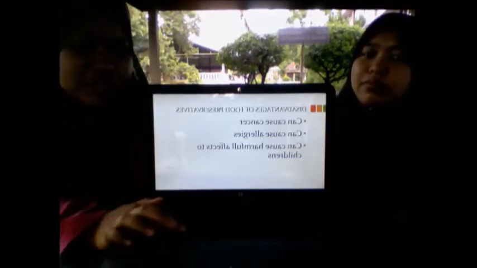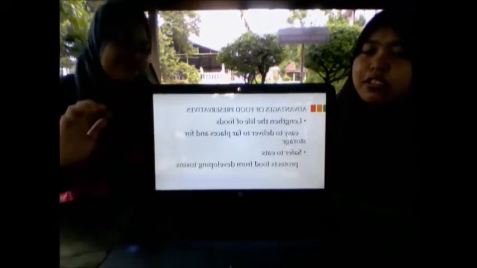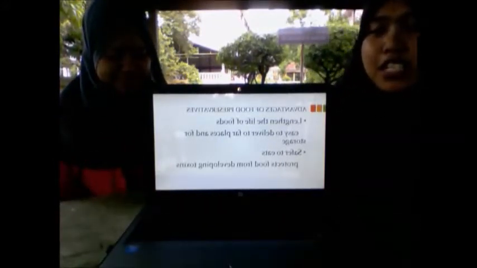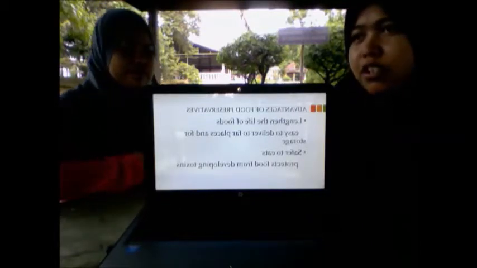So Syafiqah will explain to you the advantages of food preservative. Okay, the advantage of food preservative is that it will lengthen the life of the food.